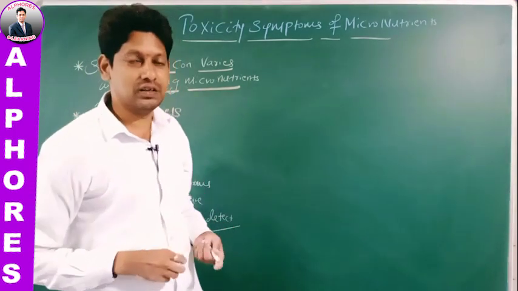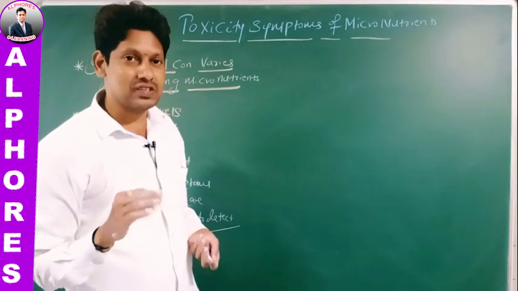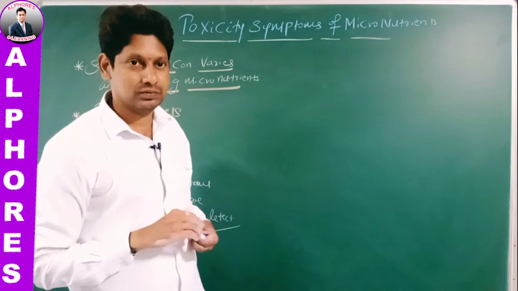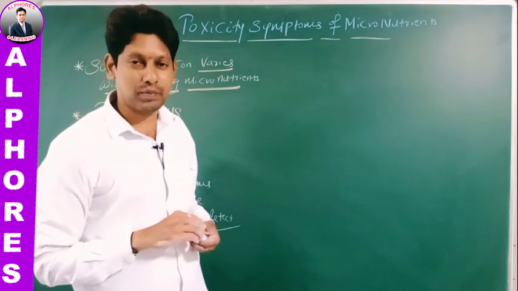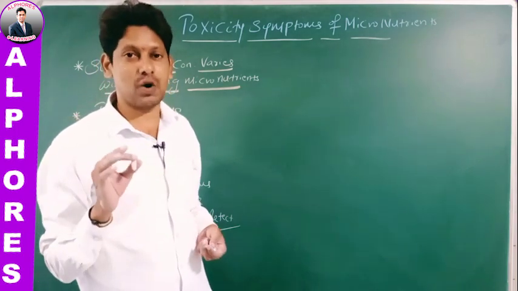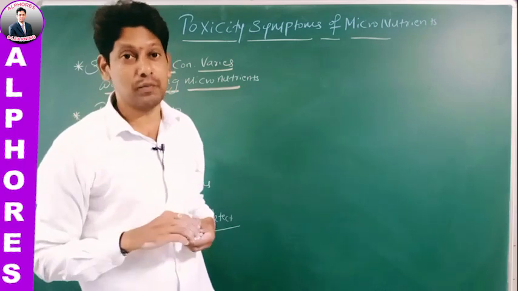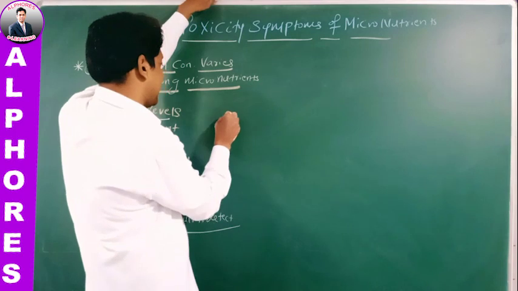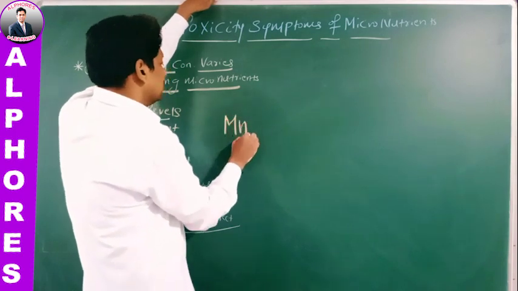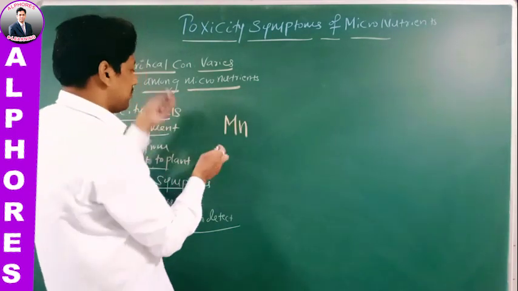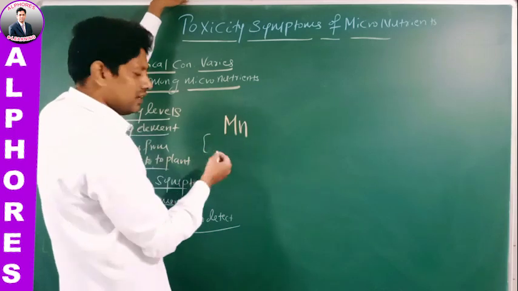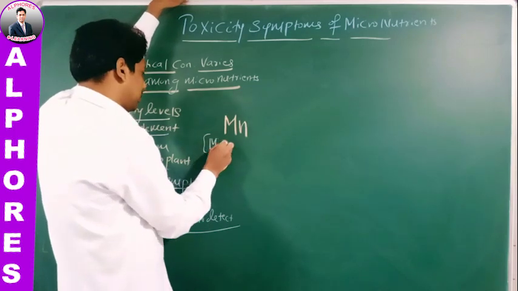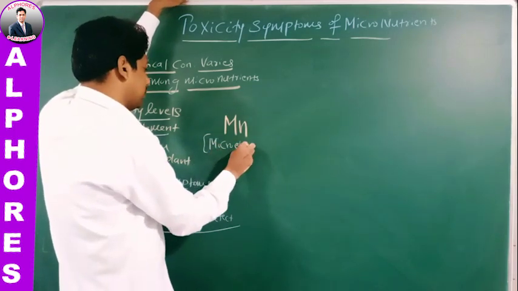Listen to this statement. Sir, if manganese is toxic to a plant, the symptom shown by the plant is brown spots surrounded by chlorotic veins. I am speaking about manganese. Sir, manganese is a micronutrient or microelement, yes or no?